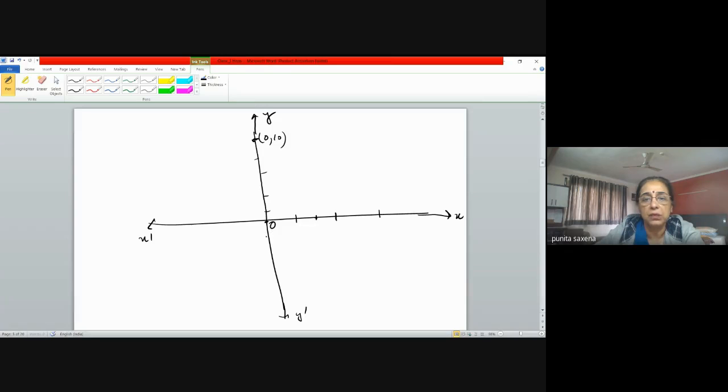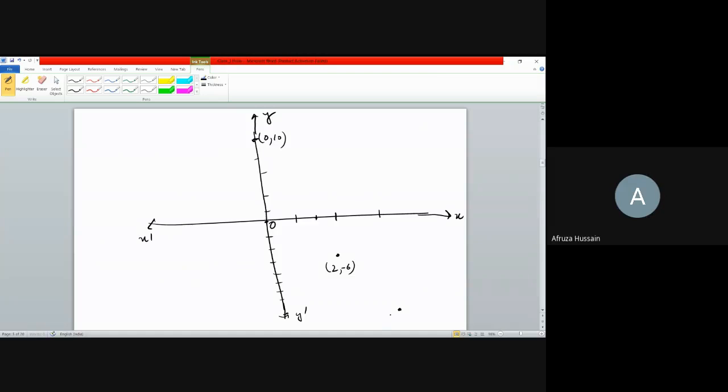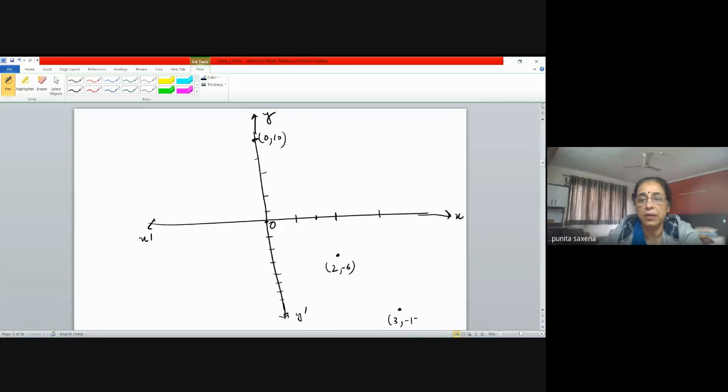Right? At 2, we need 2, 4, 6. We need one point, which one? 2, minus 6, and then somewhere here 8, 10, 12, 14. Supposing it came here. And 3 and minus 17 you said, right? This point came, 3, minus 17.